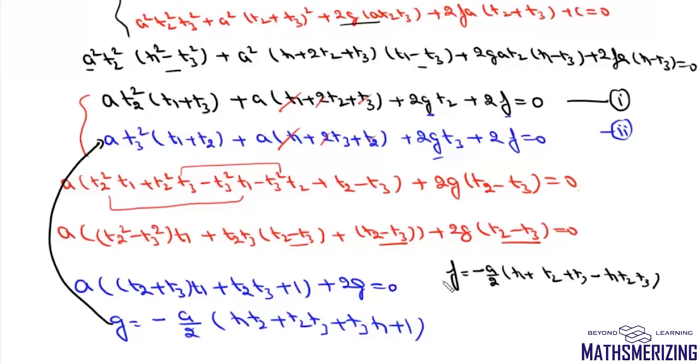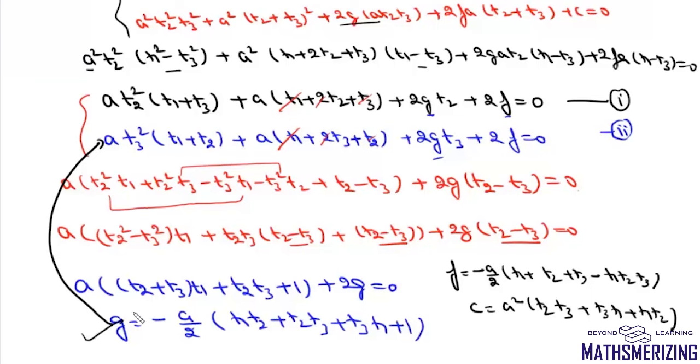So substituting the value of g and f in the first given equation, then from there we can write this c as a square (t2 t3 plus t3 t1 plus t1 t2).